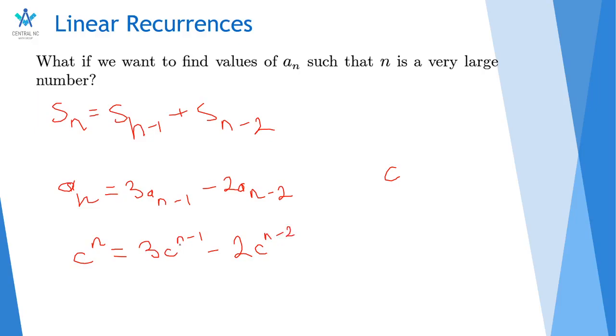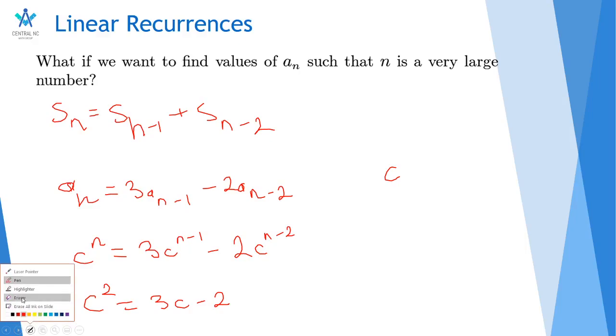And so now that we have this, we can do some manipulation, dividing everything by c to the n minus 2. We get c squared is equal to 3c minus 2. Let me erase this so we have a bit more room.